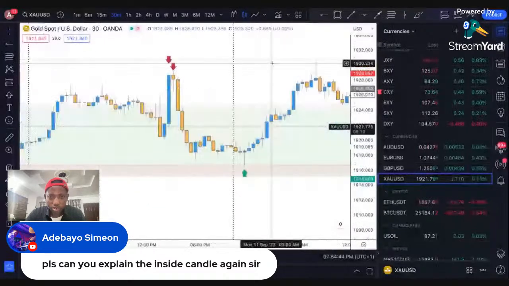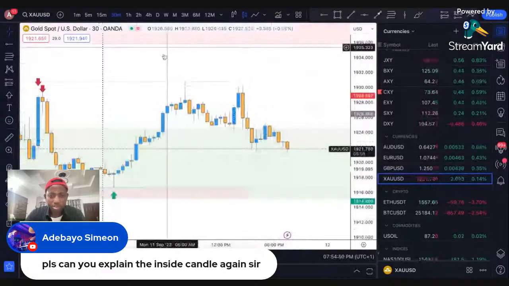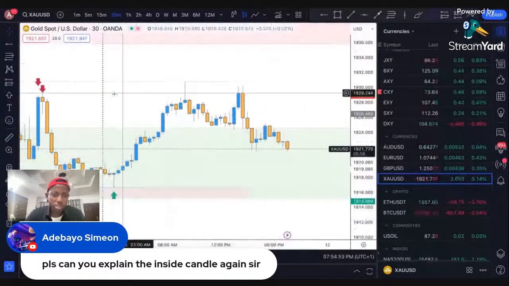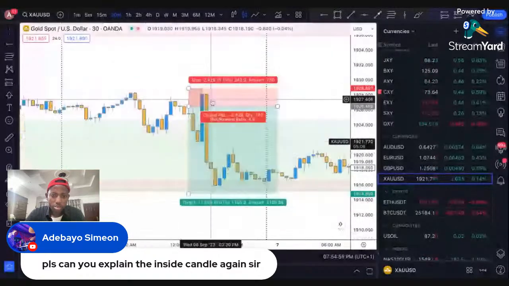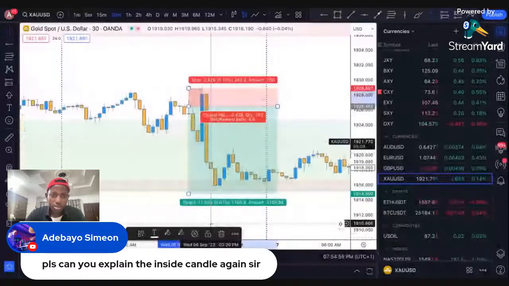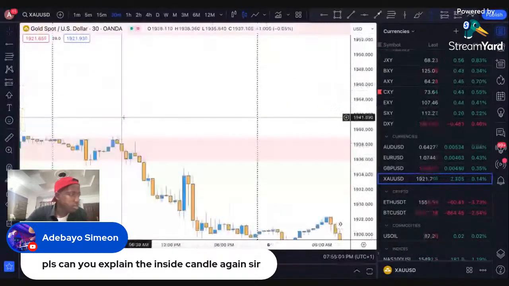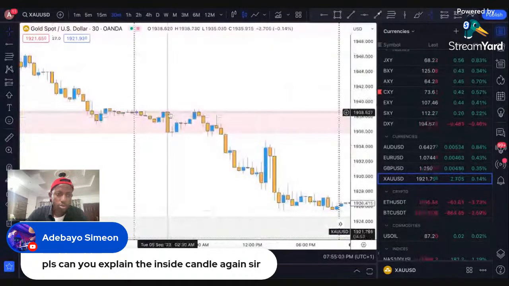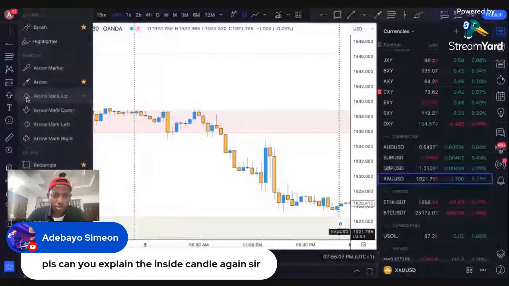Look at this one, good engulfing. Examples of engulfings on 30 minutes. So if we keep looking, we see example engulfing. These are the engulfing. This is another engulfing here. And this is a bearish engulfing.